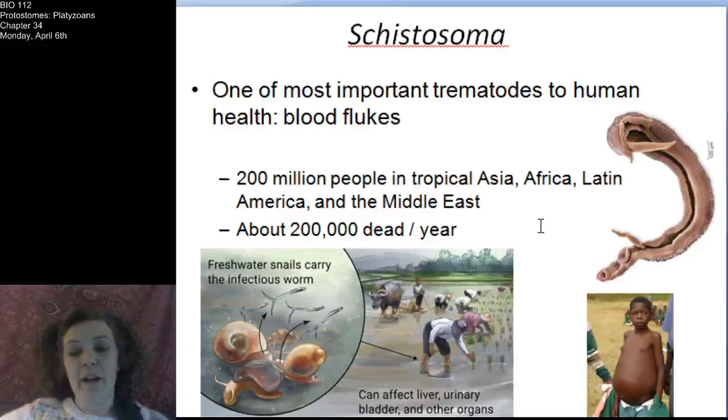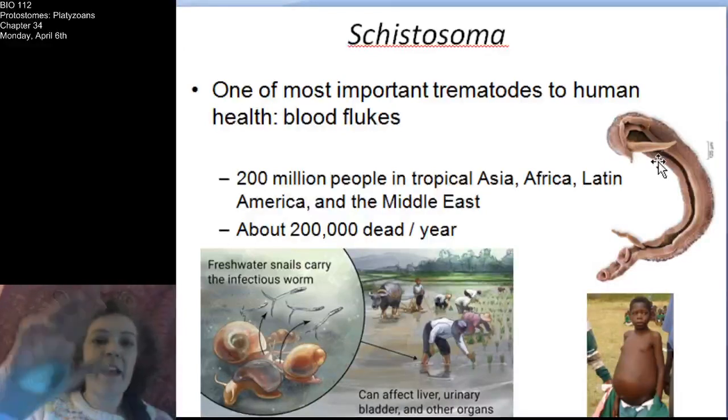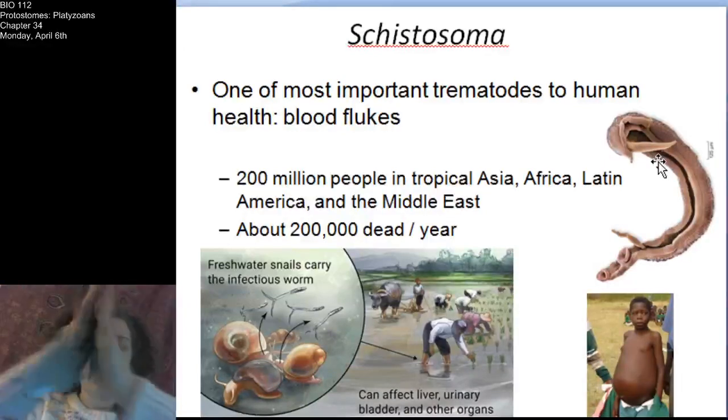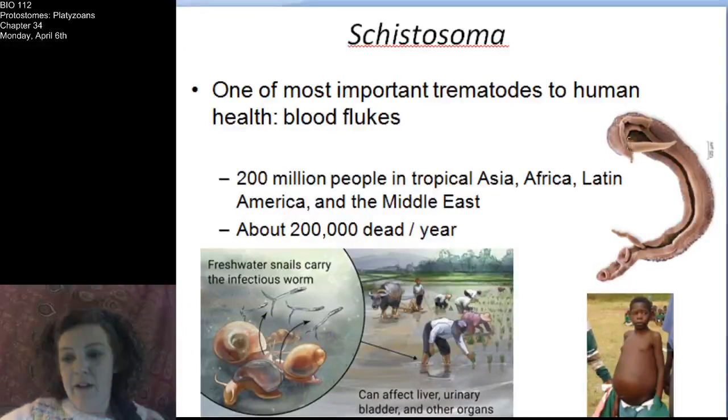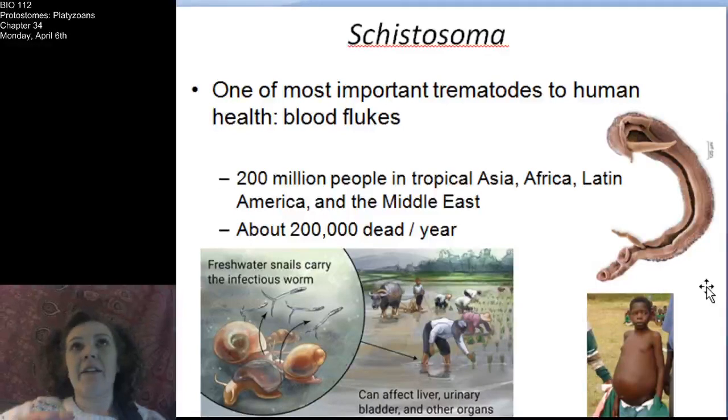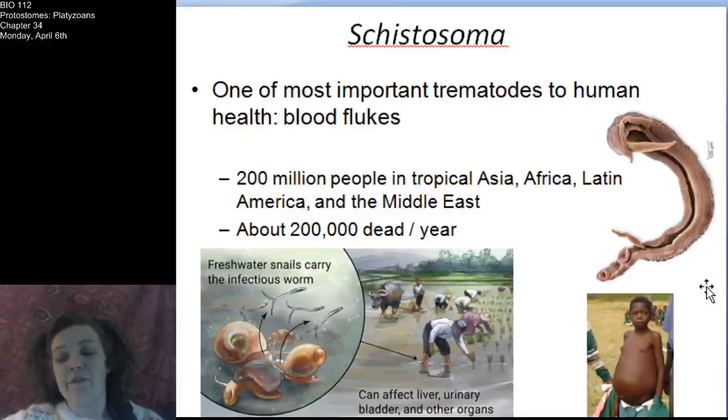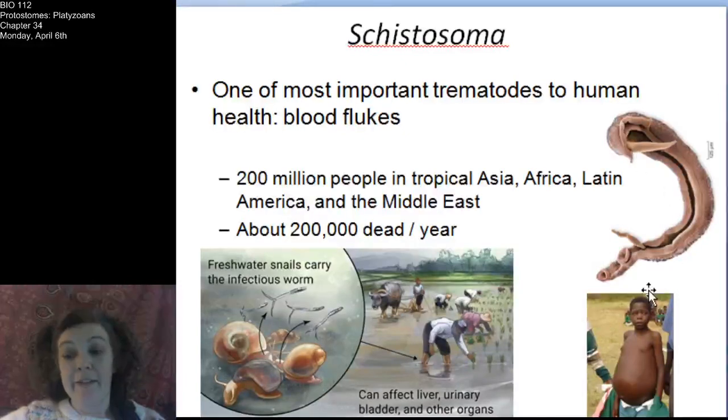So here's why, and here's what happens. You have the male and the female, and the smaller male lies in a groove of the female. That's how they mate. And these particularly infect the red blood cells.